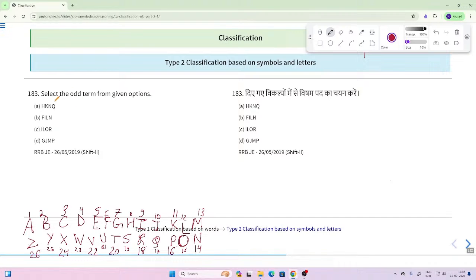Select the odd term from the given options. 8, 11, 14, 17. 6, 9, 12, 14. 9, 12, 15, 18. 7, 10, 13, 16.